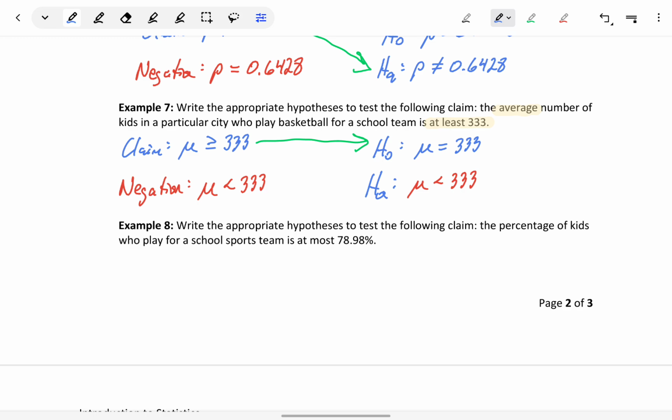And we'll see that happen again in example 8, where we're told the percentage of kids, so the proportion, who play for a school sports team is at most 78.98%, meaning the claim is that P is less than or equal to 0.7898. The negation of that would be P being greater than that value.